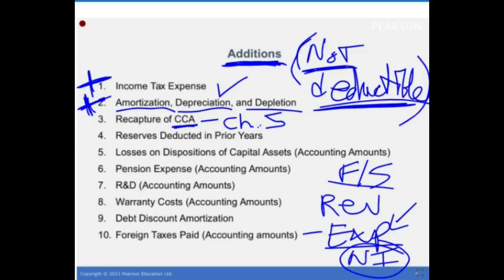Income tax, add it back. Amortization, add it back. Recapture of CCA, add it back. We're going to talk about reserves from prior years, add it back. Losses on disposition of capital assets, that's going to be an accounting calculation. We have to add that back.